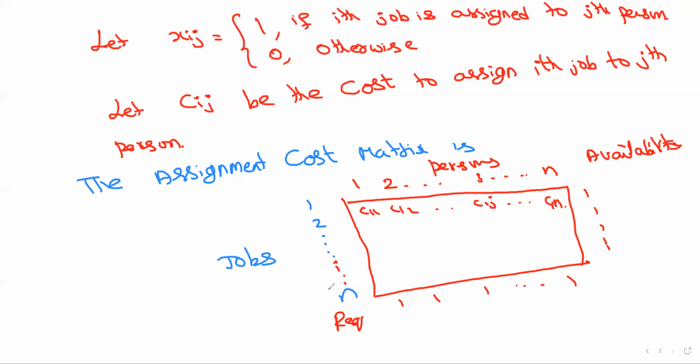Persons and jobs are the same number, n persons and n jobs. If the jth person is there, we have to give the ith job. That is fixed: one job to one person. That's all.